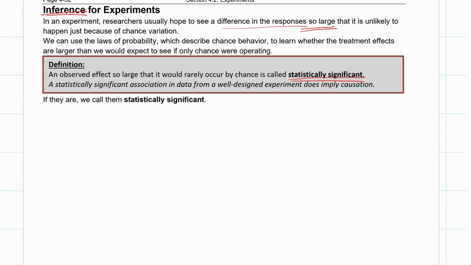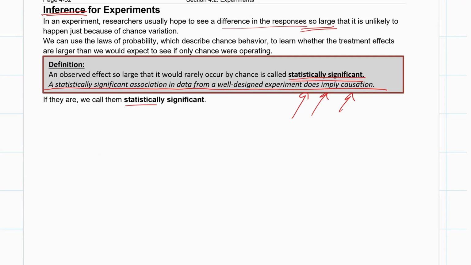That is, the observed effect is so large that it would rarely happen by chance. And we say that a statistically significant association in data from a well-designed experiment does imply causation. We get to the point where we can actually say this thing did cause that other thing.